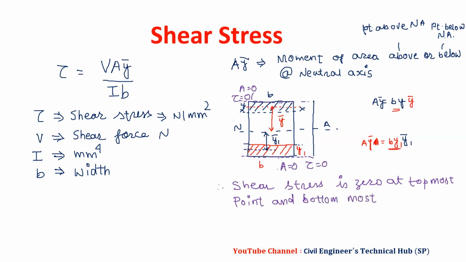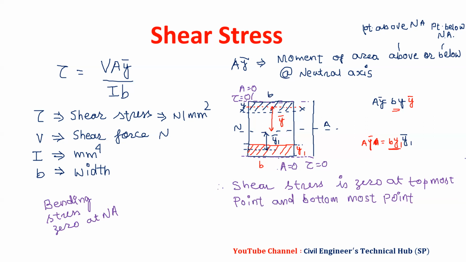This is most important: at these points the value of shear stress is 0. Bending stress is 0 at the neutral axis, but shear stress is 0 at the topmost and bottommost points. So you have to keep this in mind.